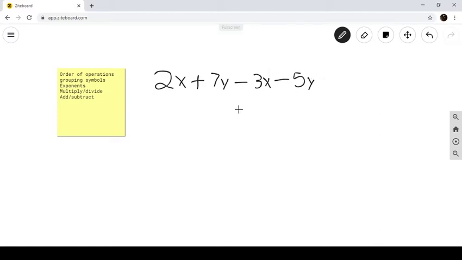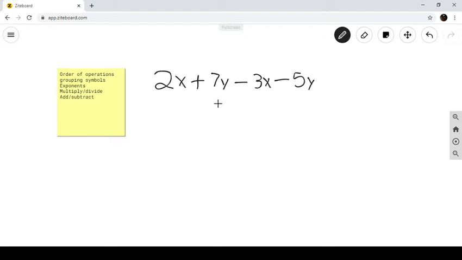So what we can do is we can say, well, since we have x's here and x's here, we can combine them. And again, that's what we're doing. We have add and subtract. Remember that I called add and subtract combination. So 2x and negative 3x can combine to give us an overall total for x.